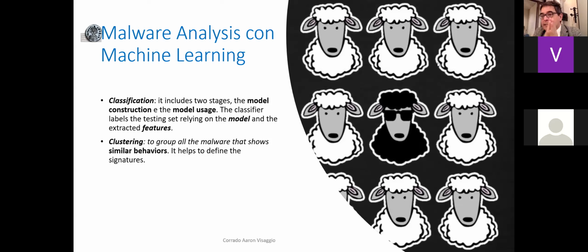Another point is that we are interested in a lot of characteristics, because we want to know the static features of malware. We want to know how many files the malware is formed by. We want to know which evasion techniques the malware uses, and so on.